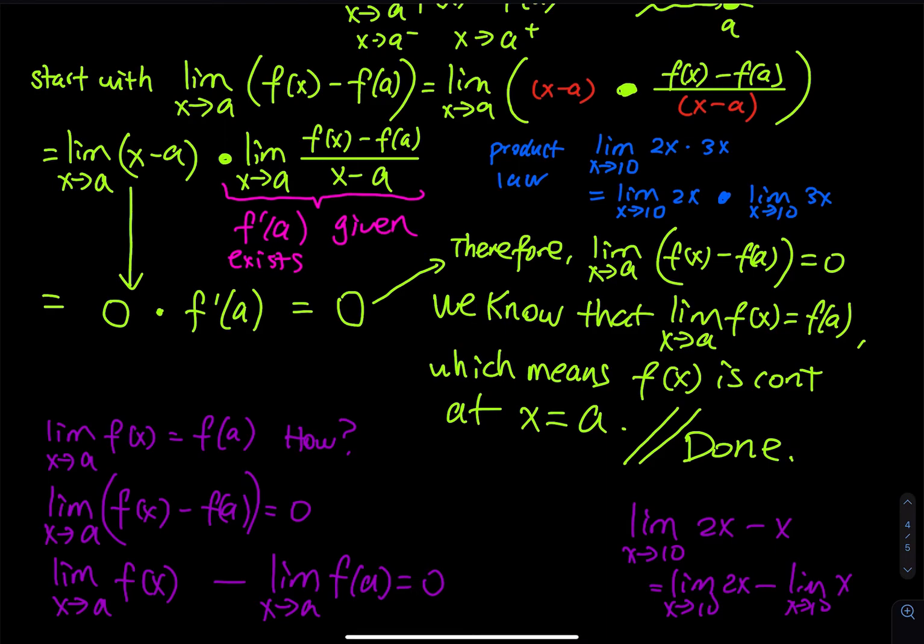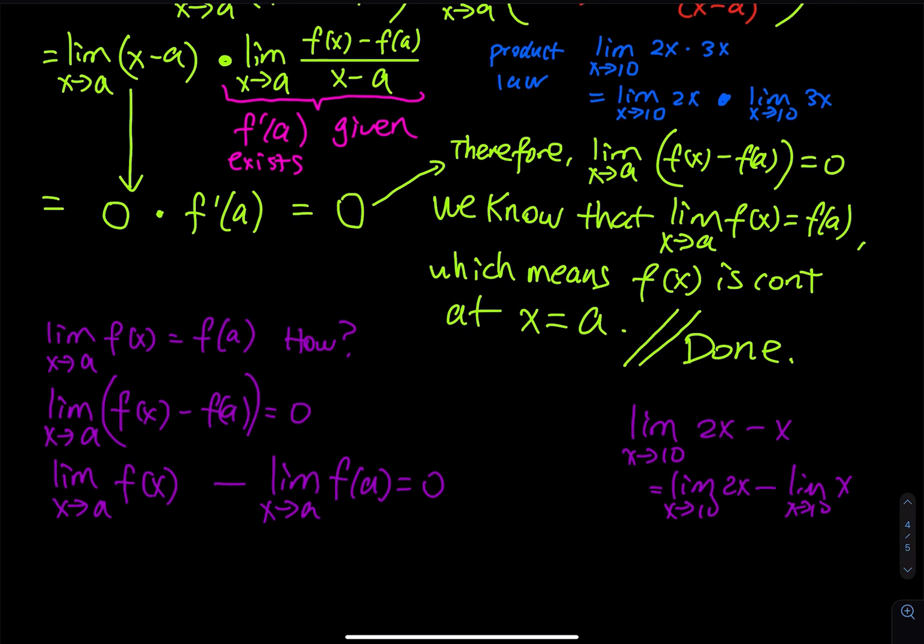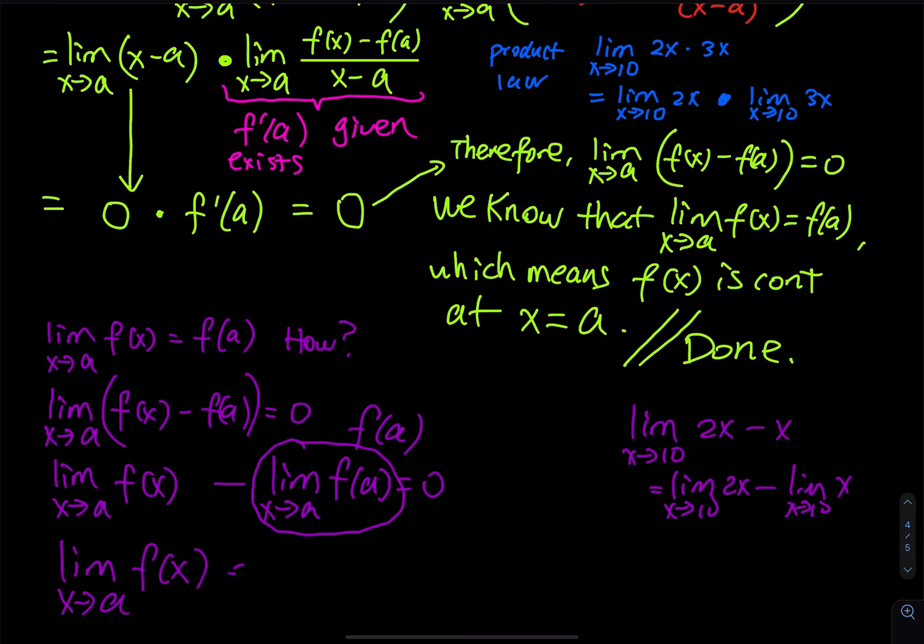You can just split that up into two limits. So once x goes to a, this is just f of a, right? And since they are equal to 0, you can add f of a on both sides. Then you will get the limit as x approaches a of f of x equals f of a. So that's how I got it.